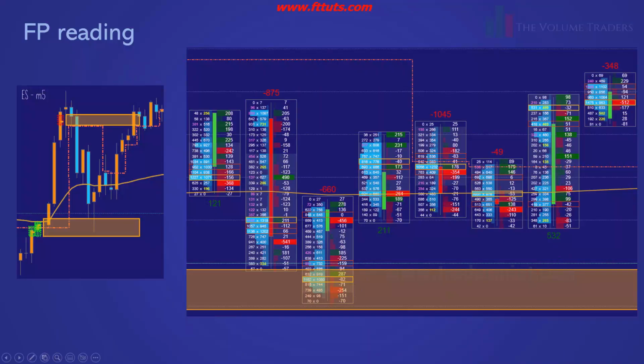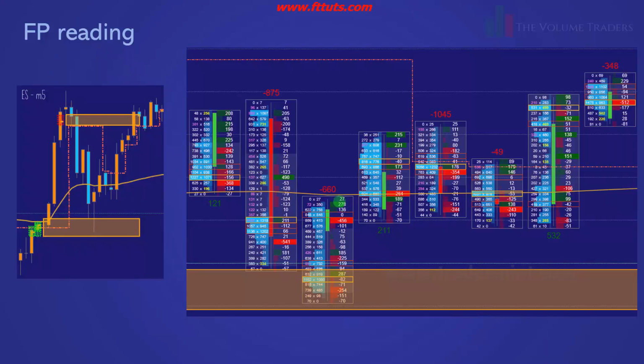Negative delta represents how many more contracts were sold on the bid versus when the price was asked. And positive delta, like for example here, a highly positive delta, represents how many more contracts were bought at the ask versus when the price was bid.